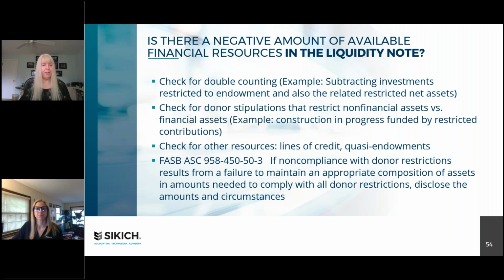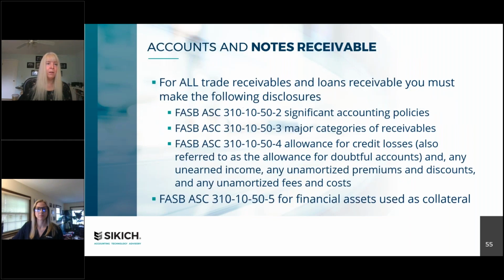And if the not-for-profit has inappropriately, or because the market value of investments crashed or whatever the reason is, if there's not enough assets to satisfy the net assets with donor restrictions, the amounts and circumstances should be disclosed.